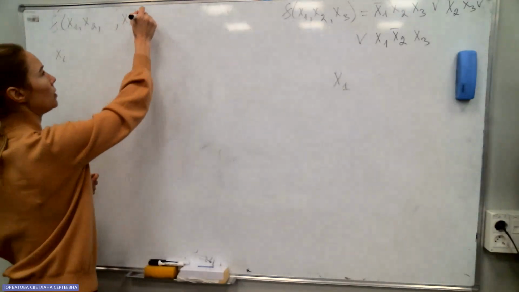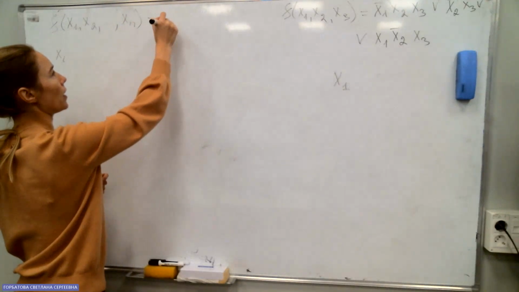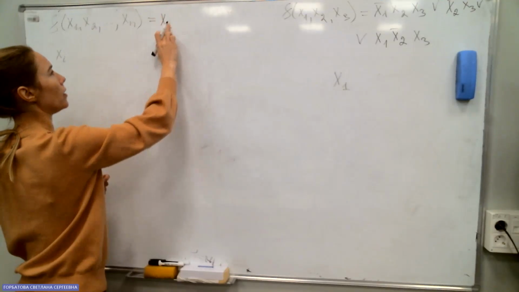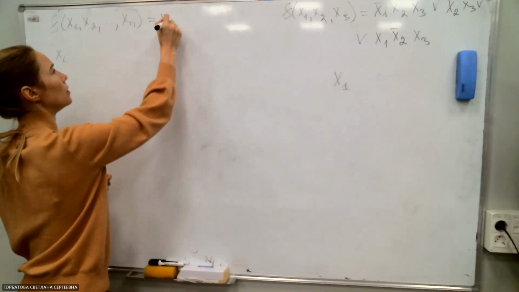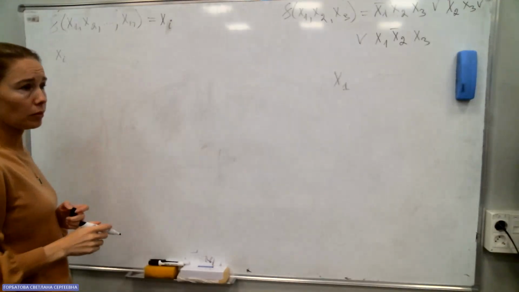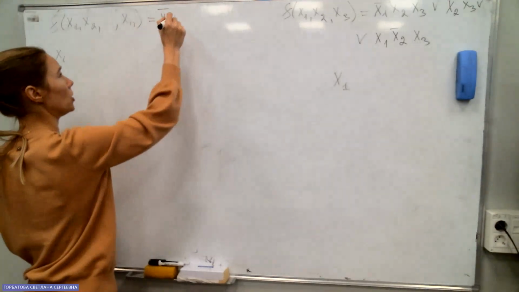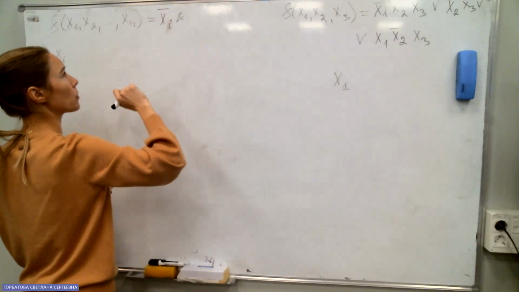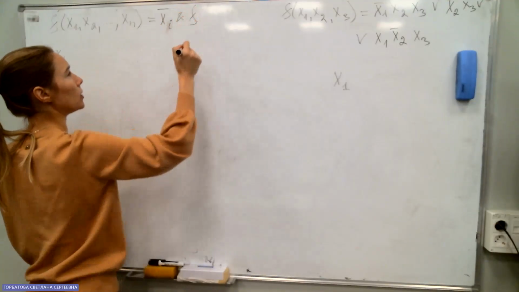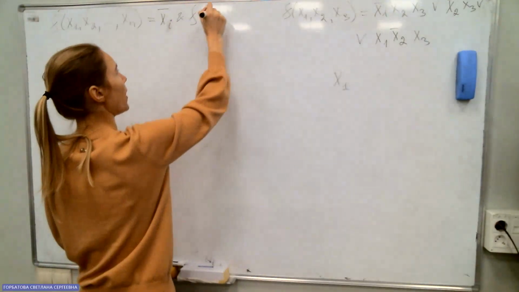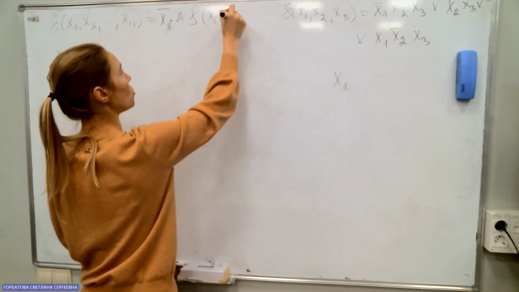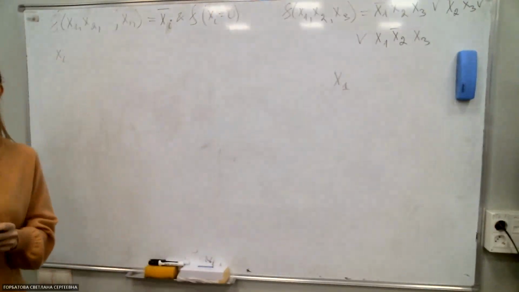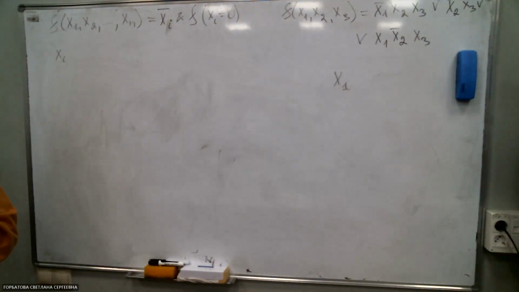So the formula is not xi, conjunction f where xi is equal to 0. So this is the first formula on the slide.